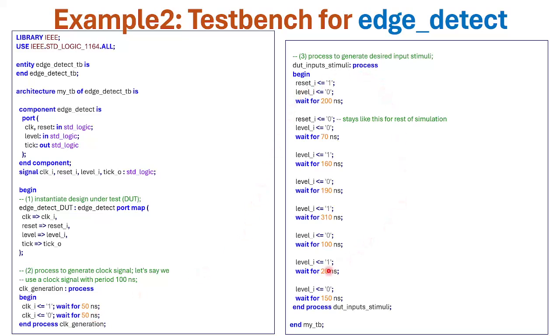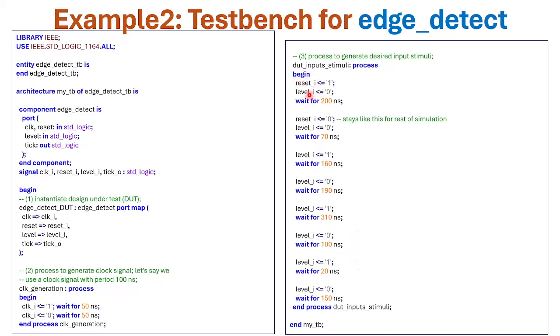And then the second process shown on the right hand side here is the one where we'll assign different levels, ones or zeros, as input stimuli to our design under test. Use and play with these wait statements as shown over here to test meaningfully, based on how we know that this edge detect circuit works, different inputs, and then observe the outputs.